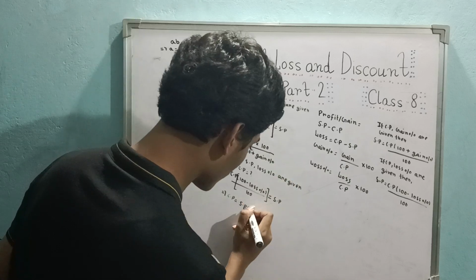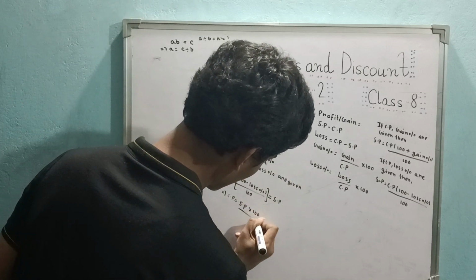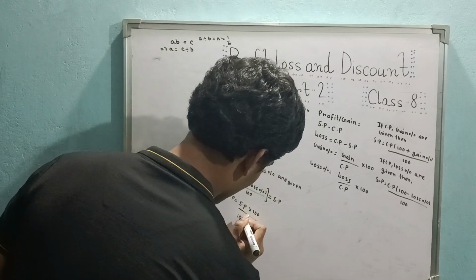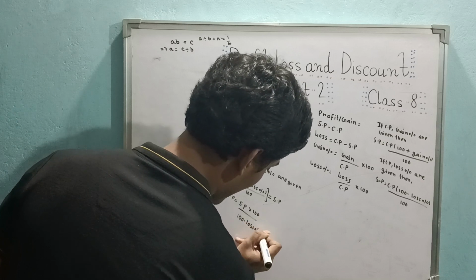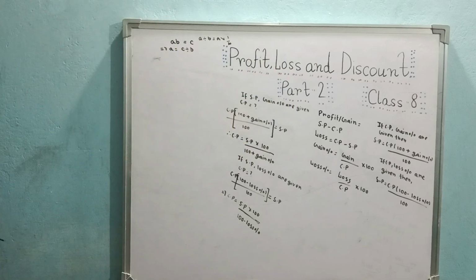So 100 goes upwards, this numerator comes downwards. And if I'm not wrong, that's your formula to find cost price or CP when your selling price and loss percent are given.